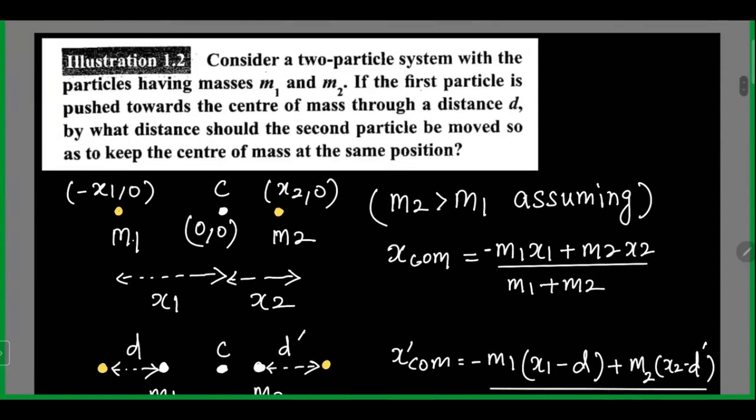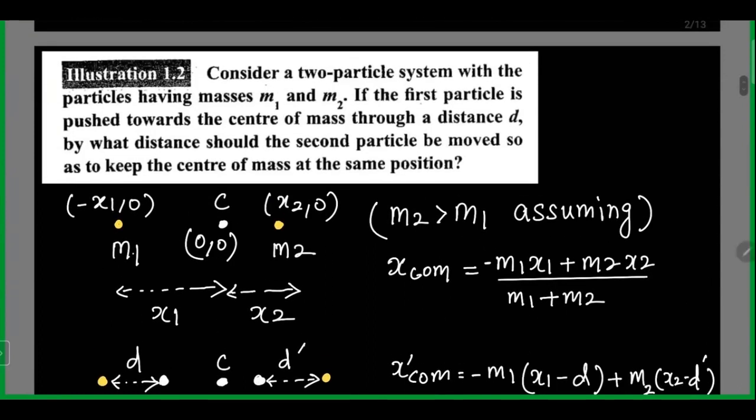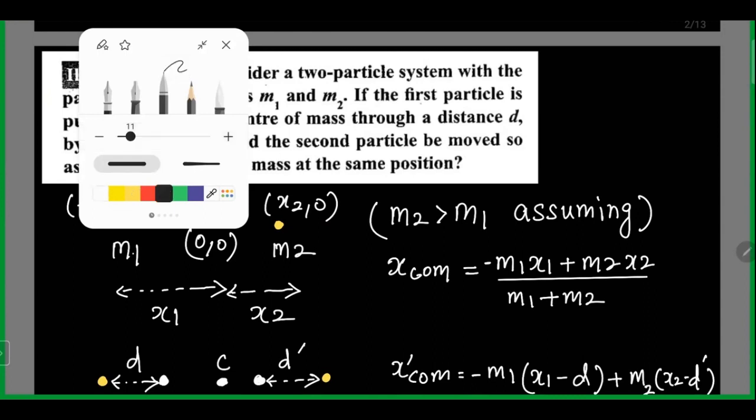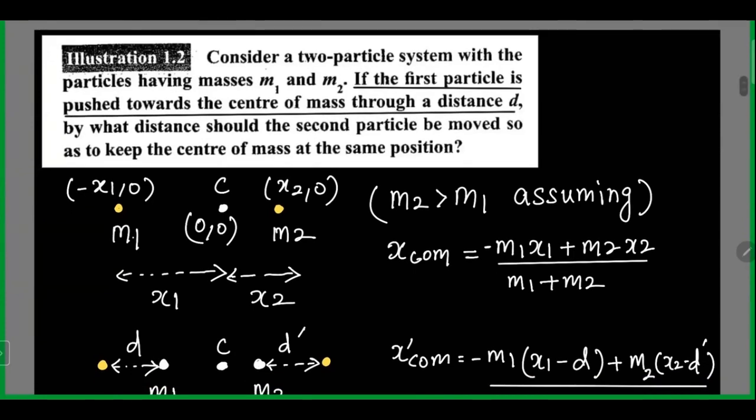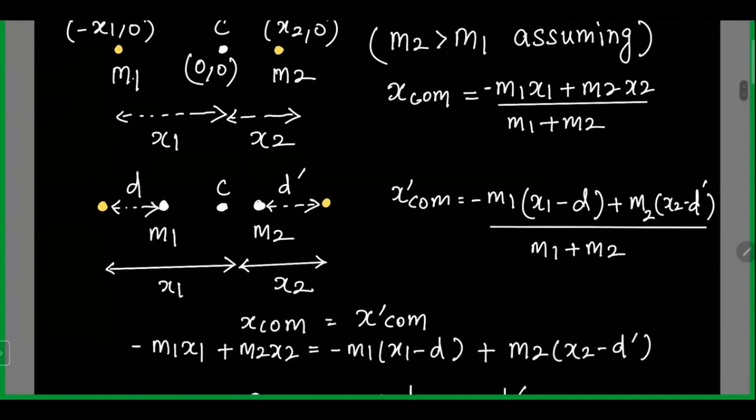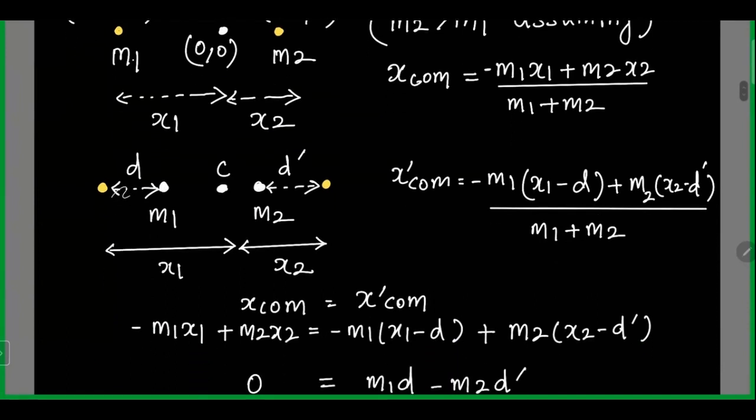Now, if the particle is pushed towards the center of mass through a distance d, by what distance should the second particle be moved so as to keep the center of mass at the same position? This is your question. Let's say I push the first mass m1 close to the center of mass by distance d.